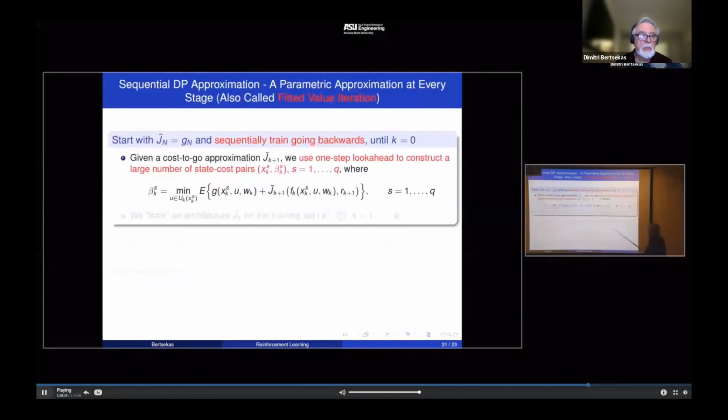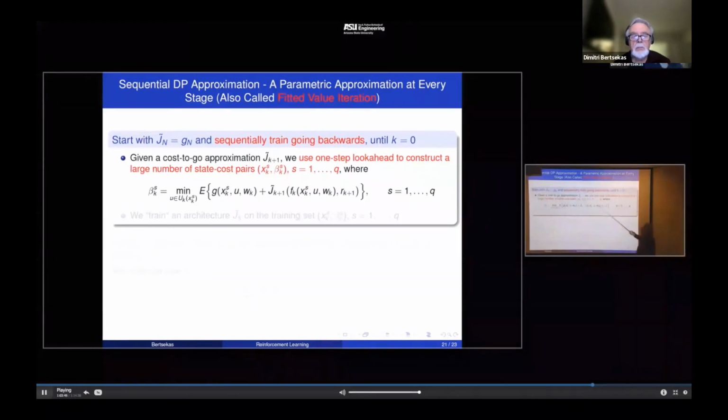So here is the algorithm. This is also called fitted value iteration. And it does dynamic programming approximation sequentially going backwards. We start with the terminal cost function, and then using this cost to go approximation, which may be constructed by using a neural network or a linear feature-based architecture, we use one step look ahead to construct a data set consisting of state cost pairs.